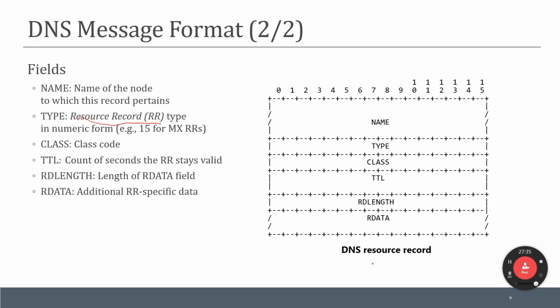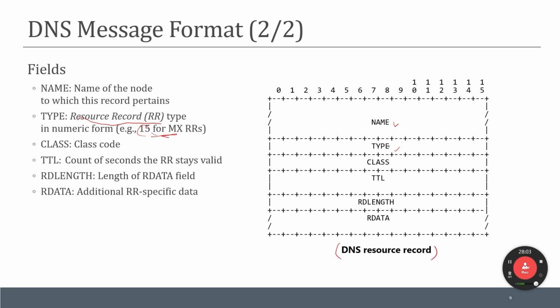The resource record contains very important information. So there are several different fields. Here, name, type. Type usually is in a numeric form. For example, 15 means MX. We'll see what MX stands for.